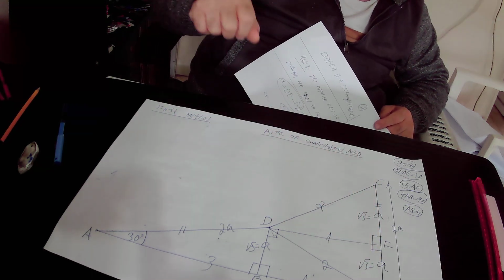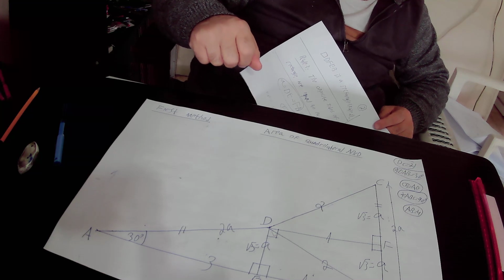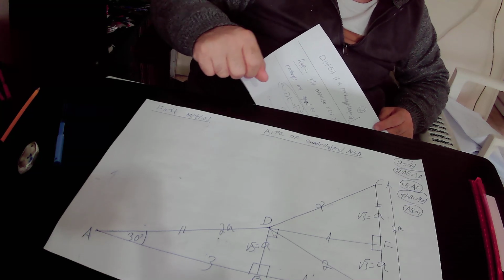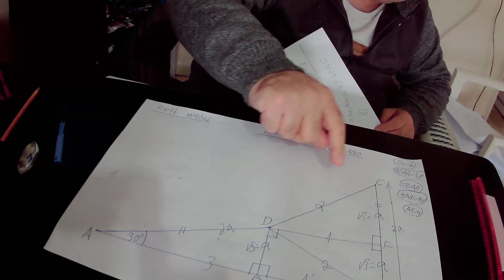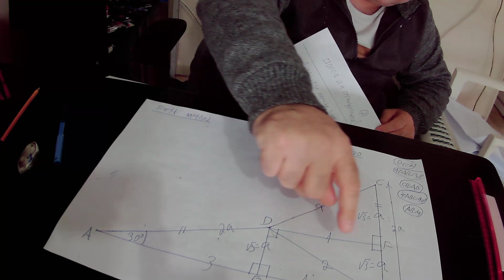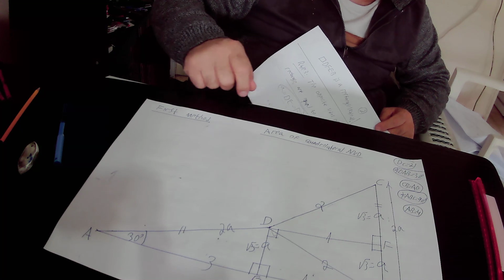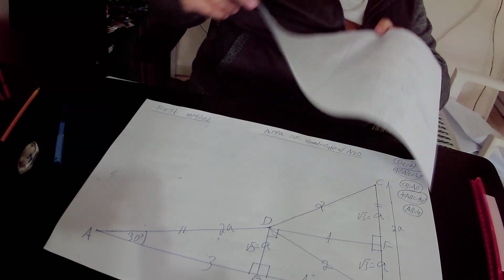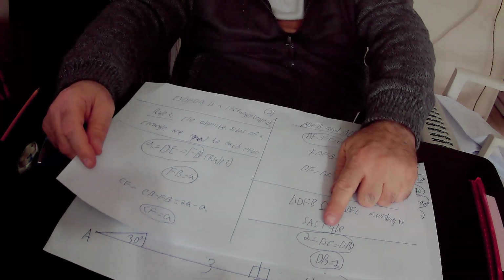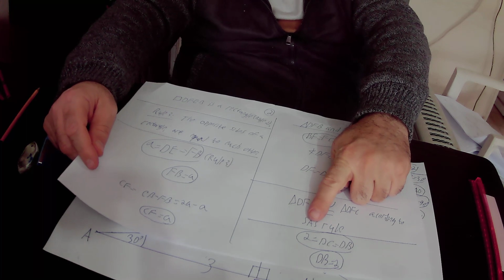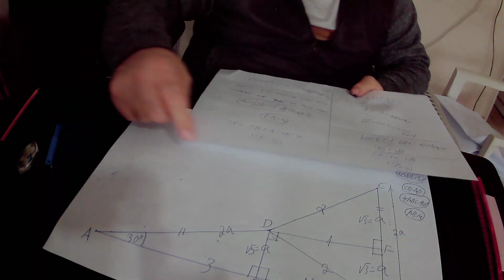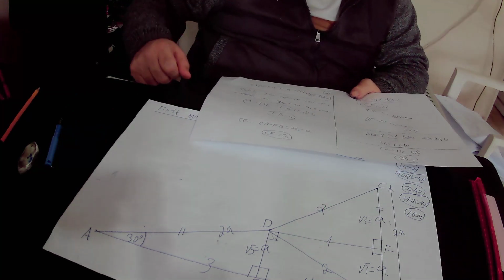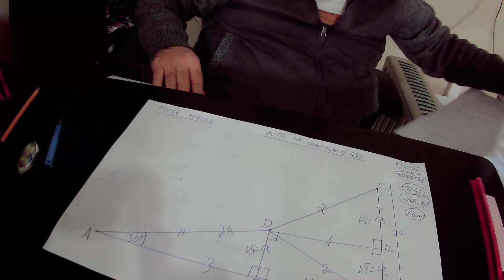According to the rule, the corresponding sides in such triangles are equal to each other. Therefore, the corresponding sides, CD and DB, are equal. But it is given in the question that DC equals 2 units. From this we derive that DB also equals 2 units.